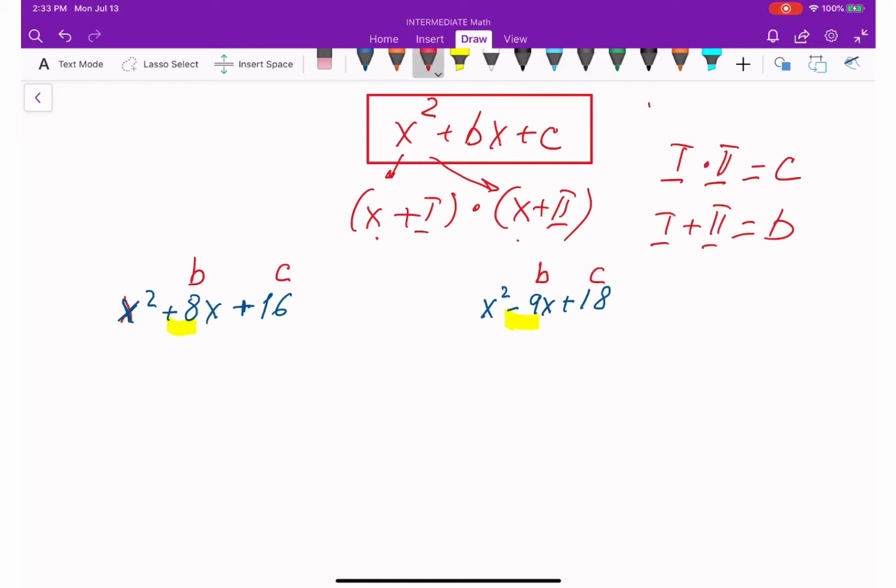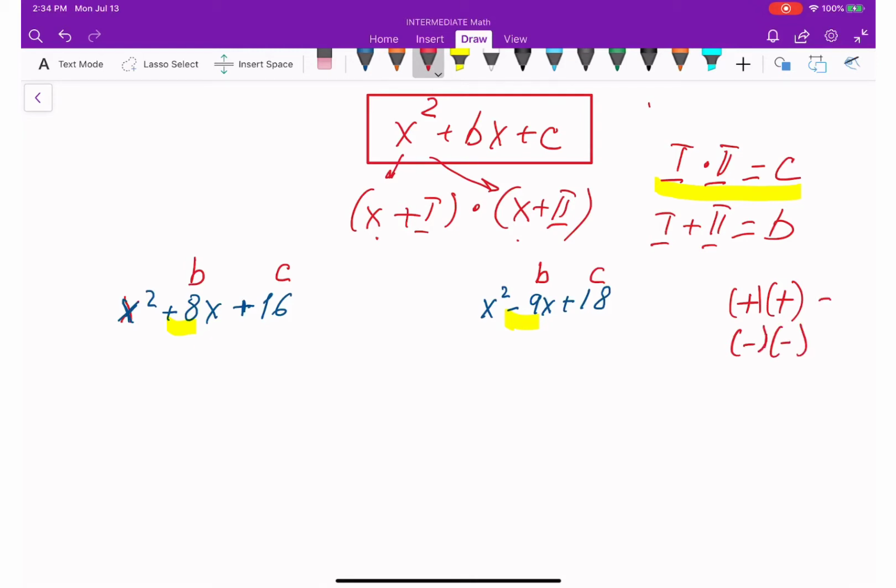Because we see that our c is positive 16 and positive 18, and that's a product. To get c, we have to multiply two numbers. Now, which multiplication will give me a positive answer? You are correct. It's either two pluses or two minuses.